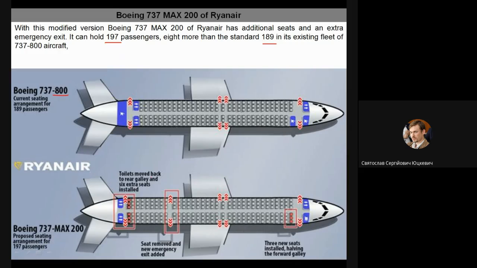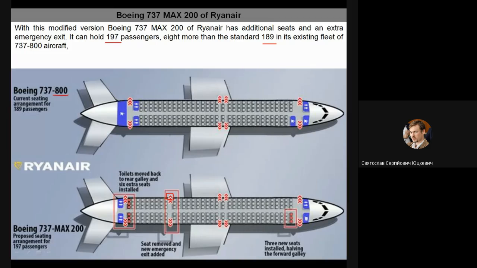And the result of this increasing was additional emergency exit door appearance in airplane. So we could see that increasing only in 8 passengers lead to the significant reconfiguration and modification of airplane, just to give opportunity to provide the same necessary level of evacuation rate.